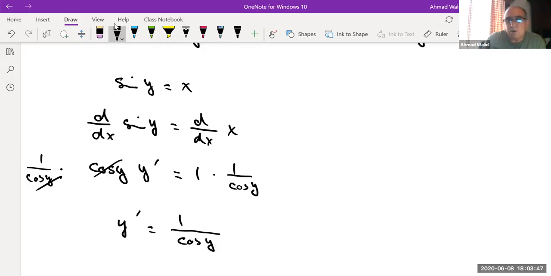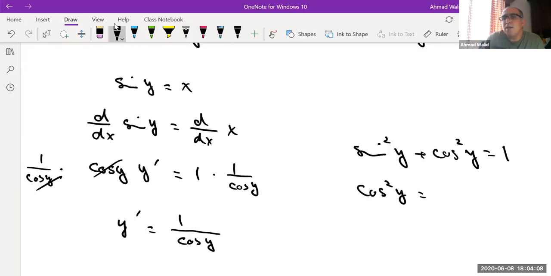The first one was sine squared y plus cosine squared y is always 1, right? Let's solve this equation for cosine squared. Then from here, I can say cosine squared y equals 1 minus sine squared y.